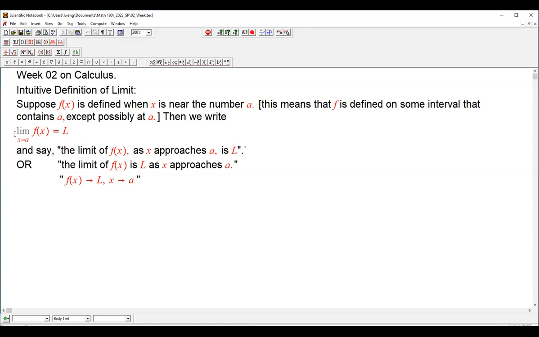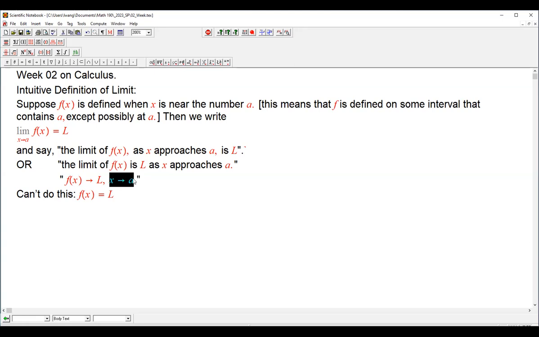And of course, you can write it down just like that. You cannot write f of x equals L if you remove the limit, right? You can't do that.